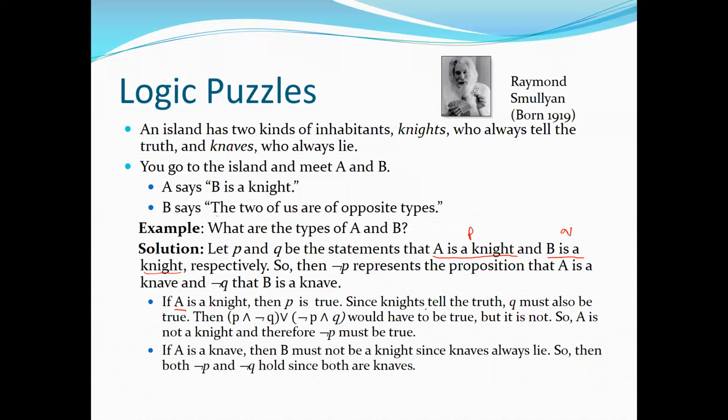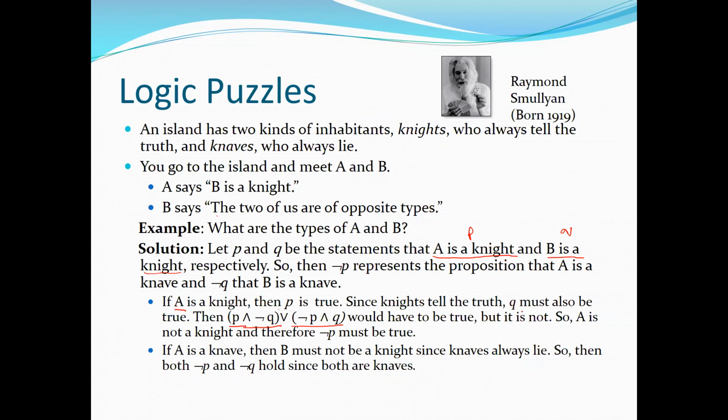Since knights tell the truth, Q must also be true then, because A is saying B is also a knight. So we can simply write it like this: P and not Q, or not P and Q. One of them is true, right? The answer should be true. Listen again. If A is a knight, then P is true, right?